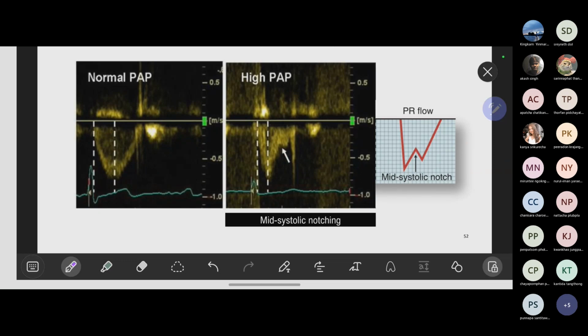This slide shows mid-systolic closure or mid-systolic notching. It's very important when you see this sign, because it indicates high pulmonary artery pressure.